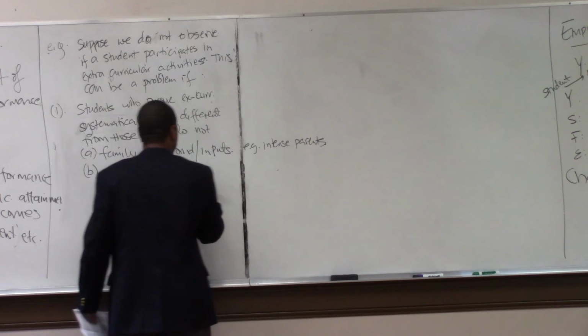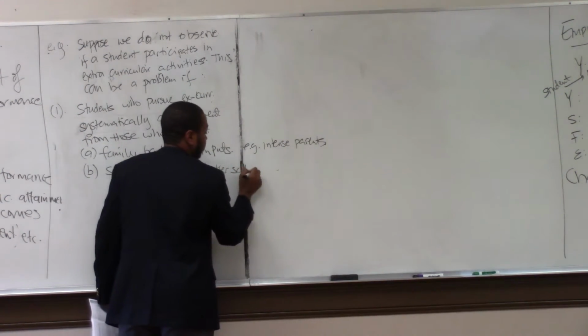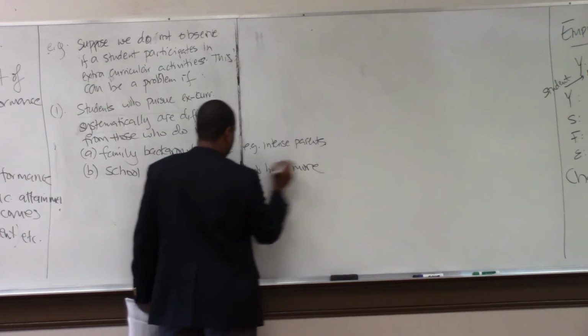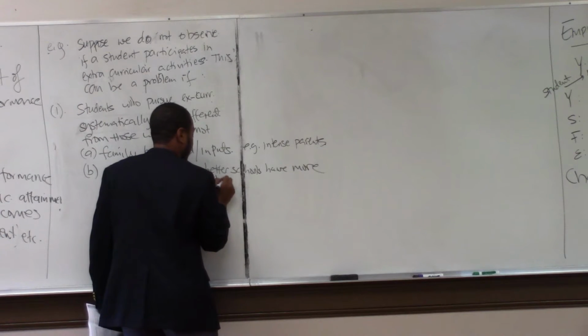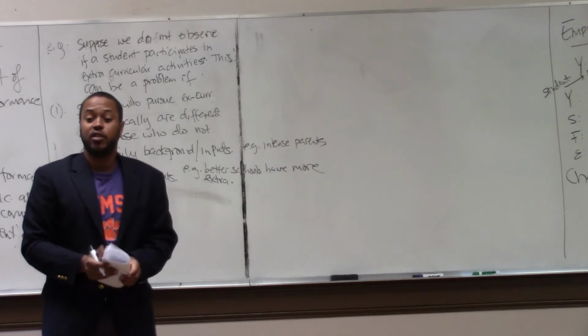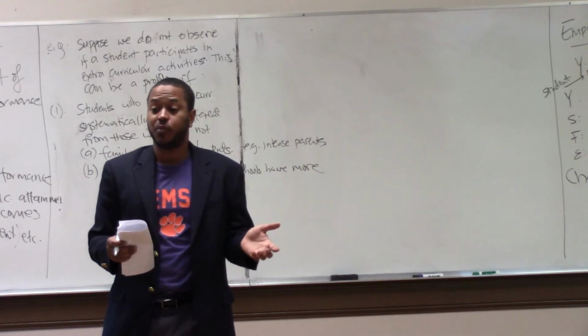School inputs can be better schools that have more extracurriculars. Or it could be the reverse, where the schools that have more extracurriculars actually have worse curriculum to begin with because they're spending all of their money on sports.